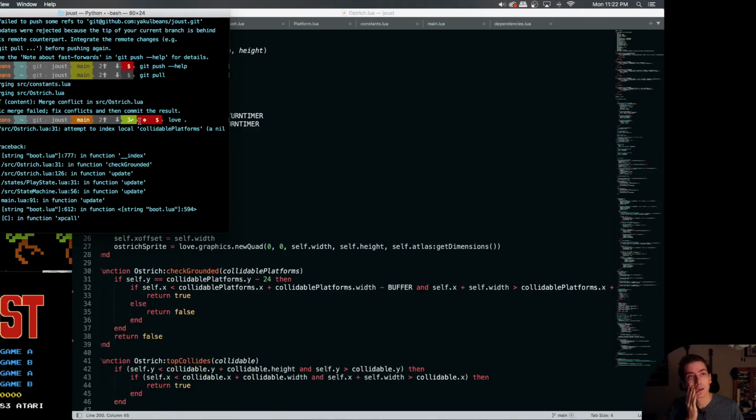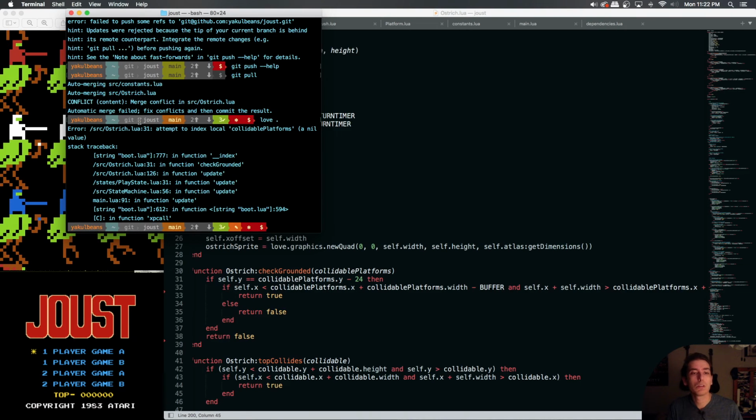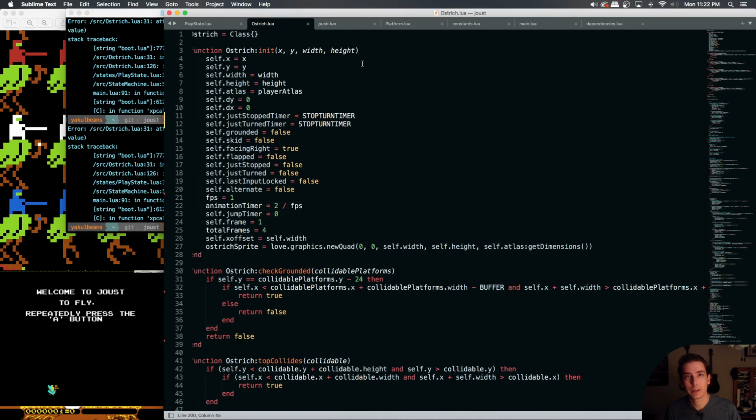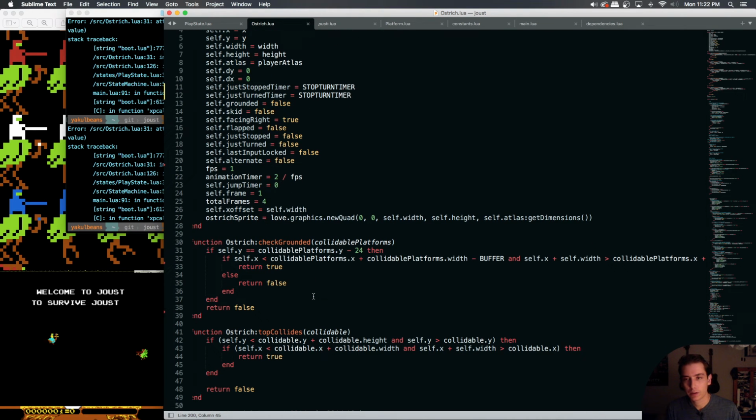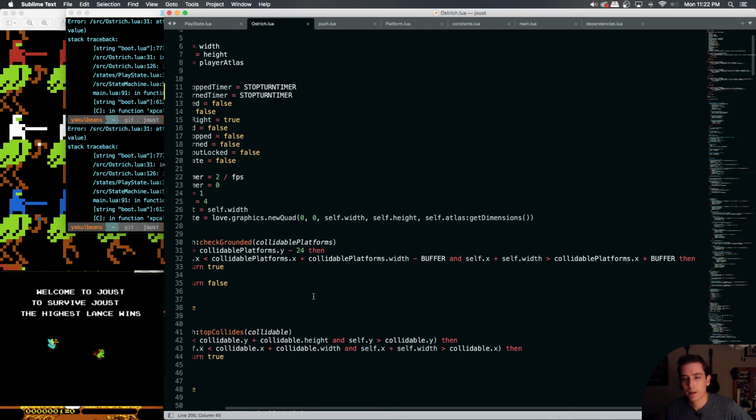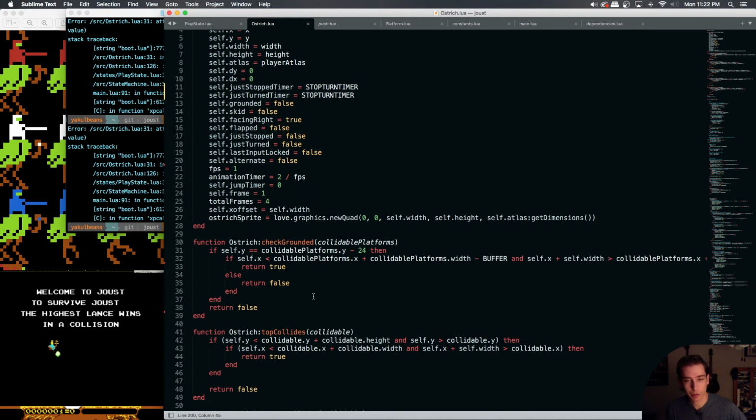Shit, man. No, this is exactly what was busted last time. Collidable platforms. Ostrich 31, and the thing is, 31 isn't the problem. I've already had this problem, and it was so bad, I just gave up.